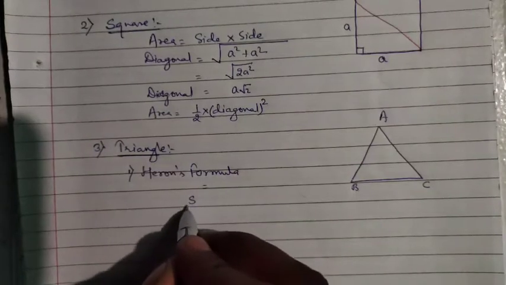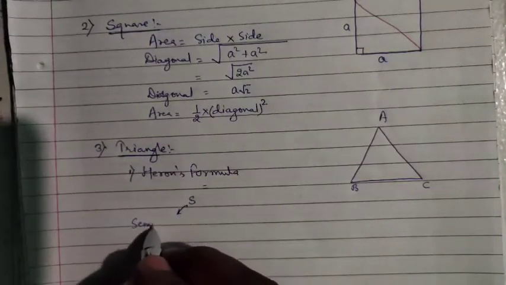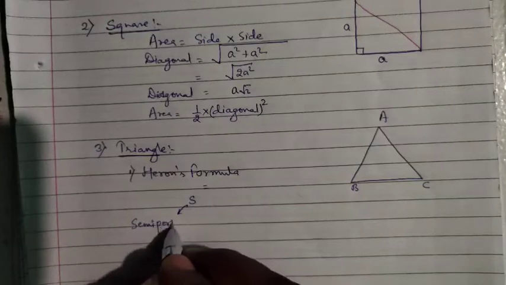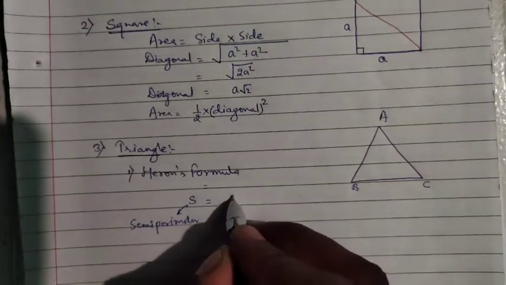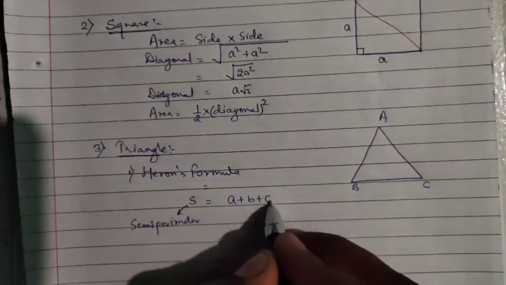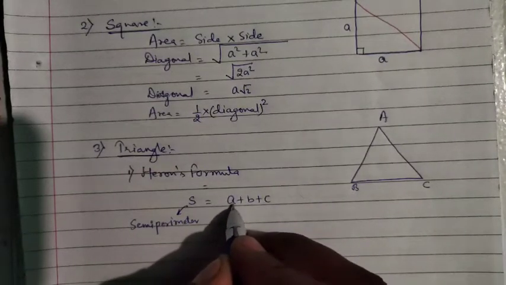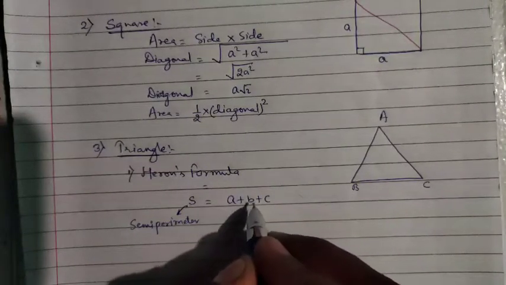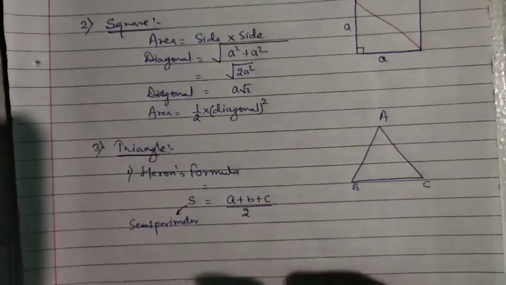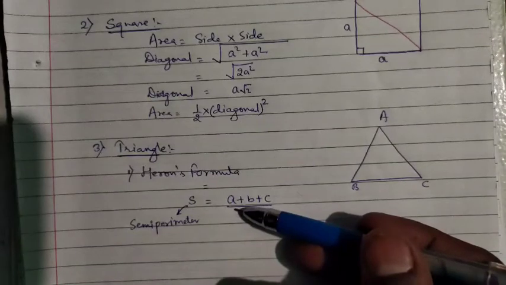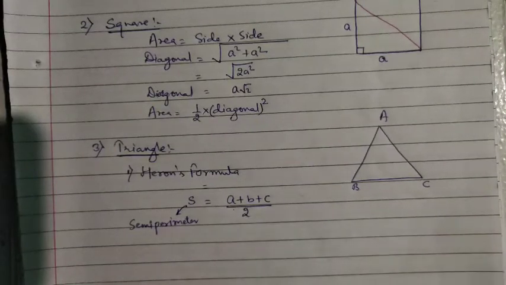S means semi perimeter, half perimeter you can also say, and we can calculate semi perimeter as A plus B plus C, which will be the perimeter, where A is the first side, B second side, C third side, divided by 2. If we do A plus B plus C, it gives perimeter, and when we divide by 2, it gives semi perimeter.